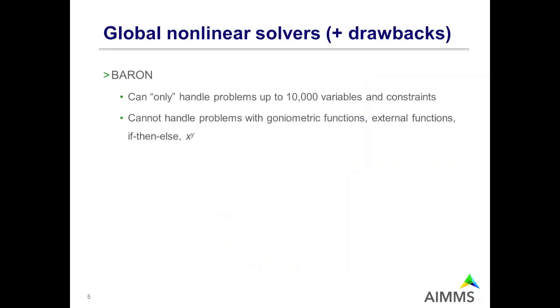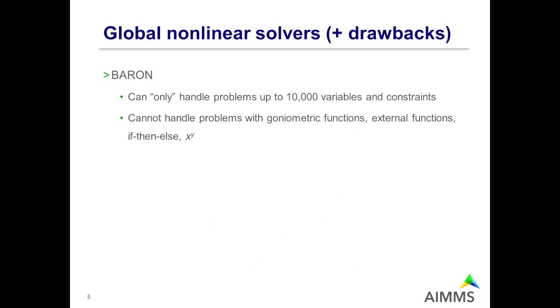In AIMMS we have one global nonlinear solver, that's BARON. It has some drawbacks, namely it can only handle problems up to 10,000 variables and constraints. I put the 'only' between quotes, because finding a global optimum for a nonlinear problem is very difficult.